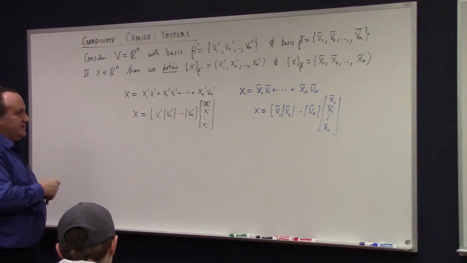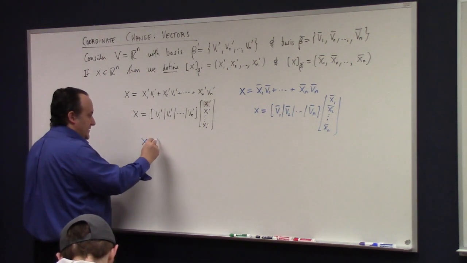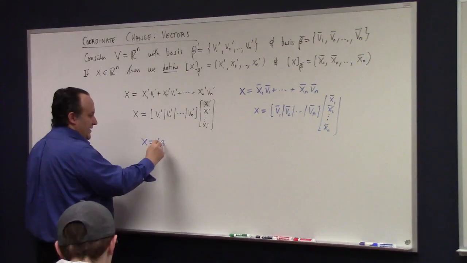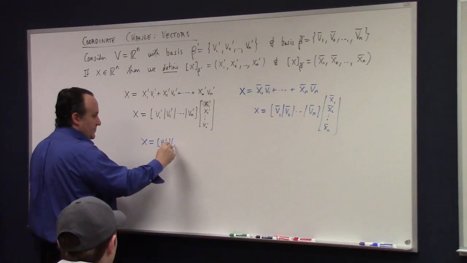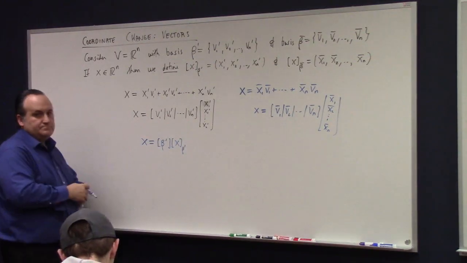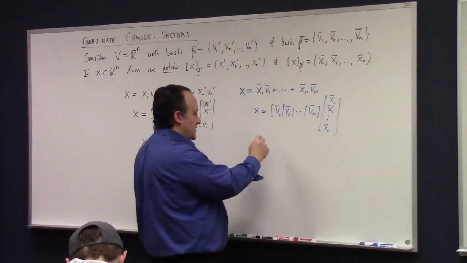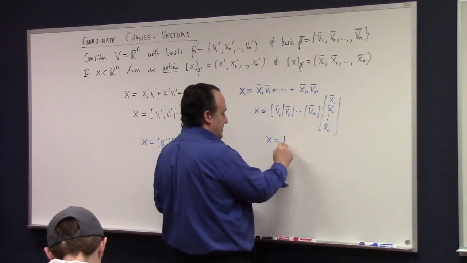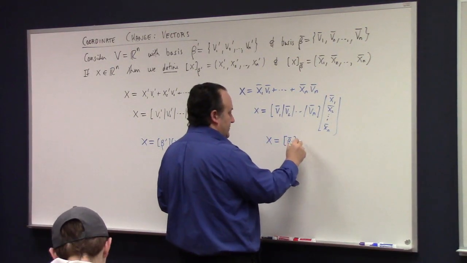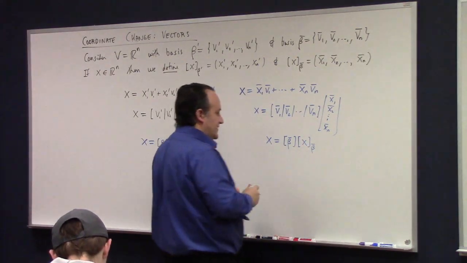So notationally, what's going on here? We've got x is equal to, on the one hand, the beta prime matrix times the beta prime coordinate vector of x, right? And on the flip side, we've also got x is equal to the beta bar matrix times the coordinate vector of x with respect to the barred coordinate system.